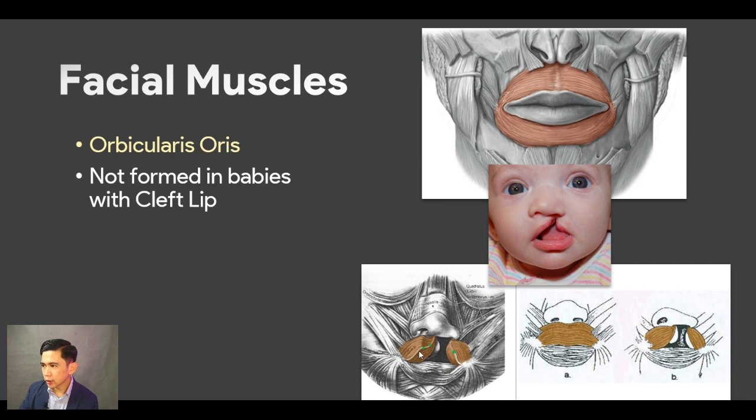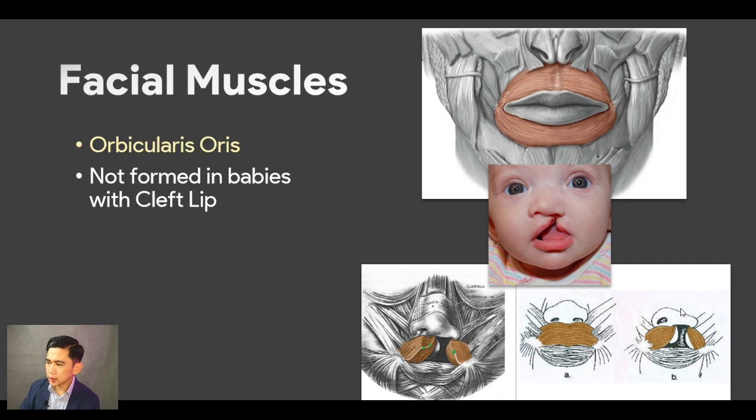The orbicularis oris usually inserts together, but in cleft babies this is deficient and it instead inserts into the nostril. So it pulls the nostril to the side, and this cleft side orbicularis oris will pull the ala on the other side, producing the cleft nose deformity in babies. Sometimes you call it a cleft lip nose deformity.